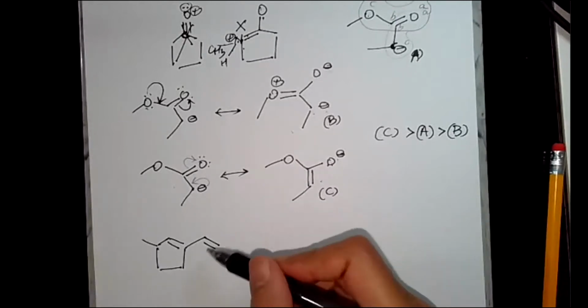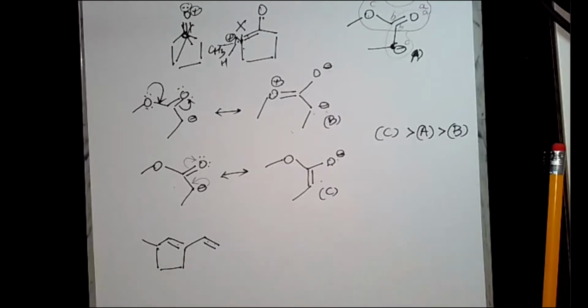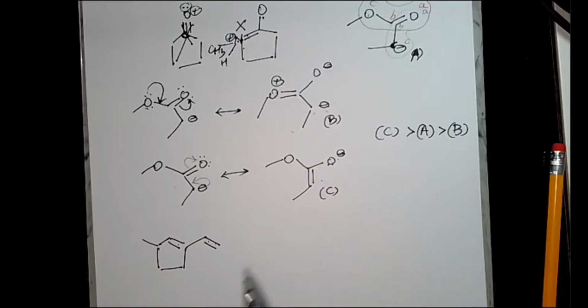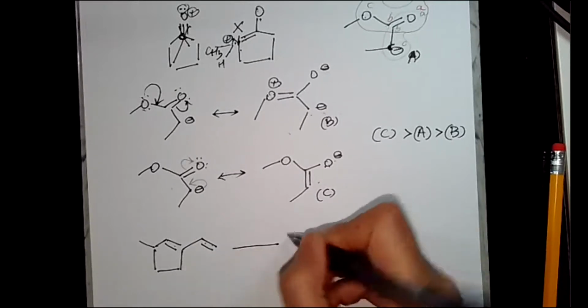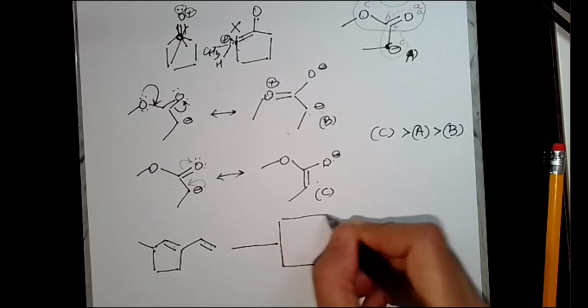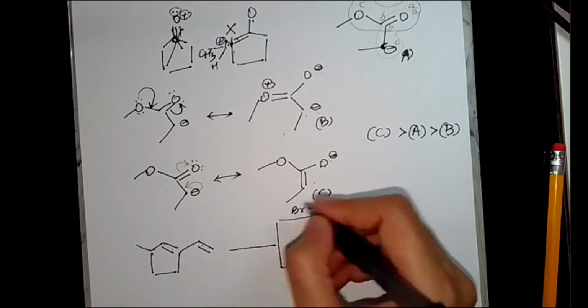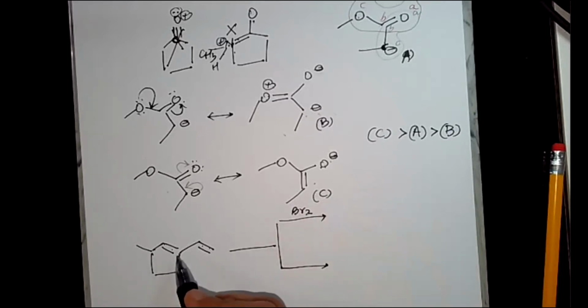Now looking at dienes. For your dienes, you primarily have two types of reactions that you have to remember. One of them is when you're adding anything across the diene. And do you all remember how to look at a diene? It's a conjugated system.